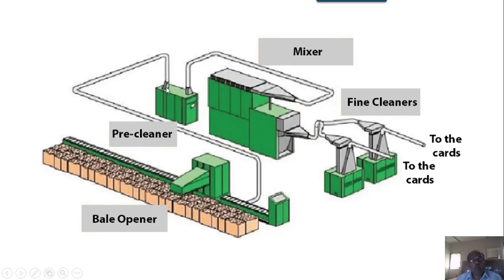Now, in case of the pre-opener, as I have discussed earlier, you have a free flight beater. So gripping and beating is not there in the pre-opener, and the pre-opened tufts are then taken to what is called the mixer.